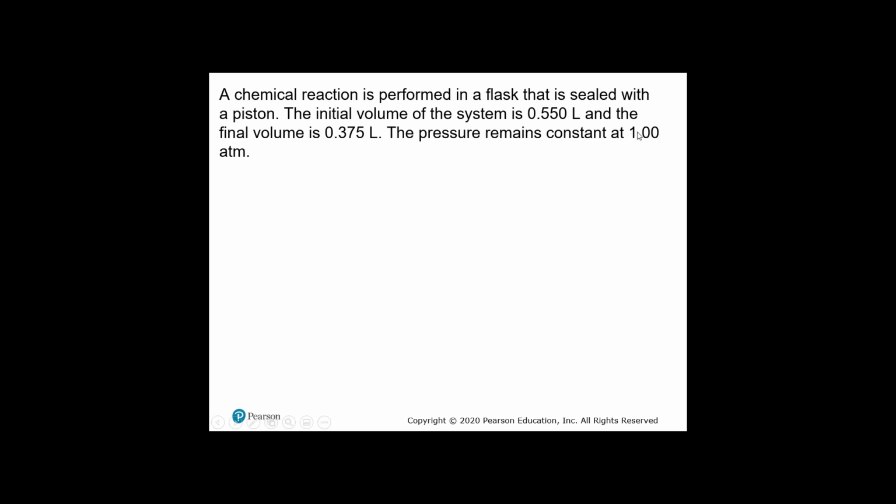We have an initial volume and we have a final volume. So now we have to figure out the change in volume, which we do. We have a final volume minus initial volume, and we have negative 0.175 liters. Okay, so the initial volume was actually larger than what the final volume was.